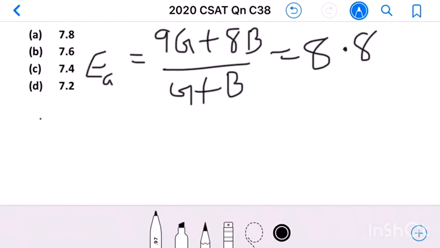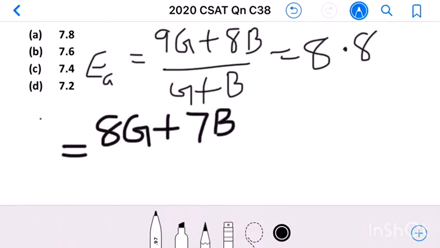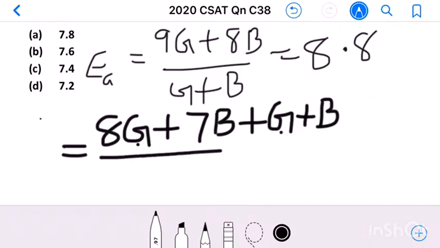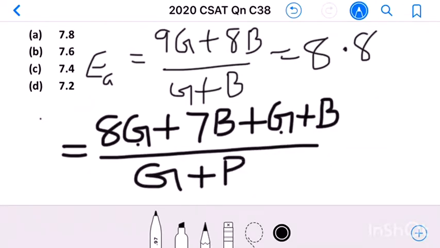This we can rewrite it as 8G plus 7B plus G plus B, then 8G plus G, it is 9G, and 7B plus B, it is 8B, all divided by G plus B, we get 8.8.